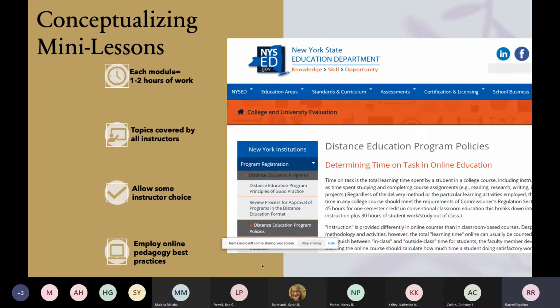So we conceptualized each mini lesson module unit as requiring between 1 to 2 hours of work. And I might even stretch that out. Actually, some of the modules wound up taking 2 to 3 hours. We had to choose topics that would be covered by all instructors so that this would be useful to them.